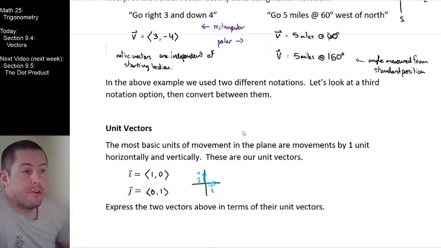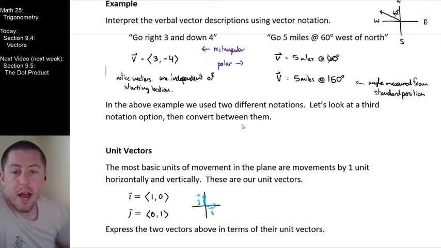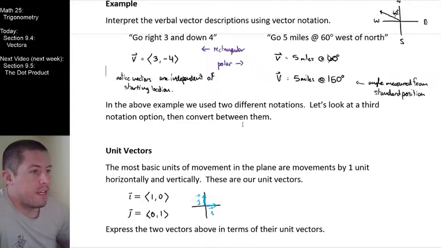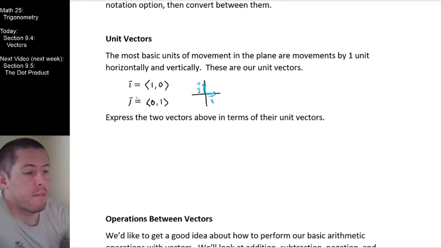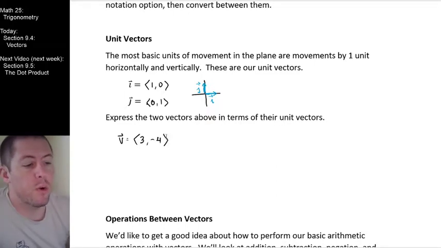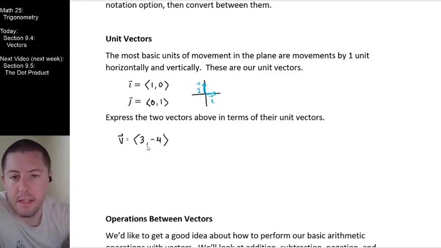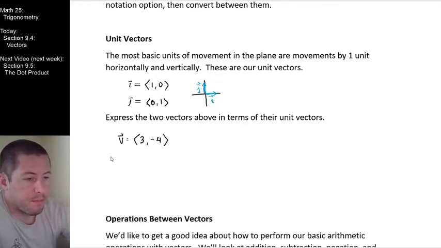What we typically do then is we can write constant multiples of these vectors here to express the directions of motion that we are looking to travel. So our first vector up above, we had our vector v was equal to the vector <3, -4>. Well, we can think to ourselves, going 3 units to the right is really like going 1 unit to the right 3 times.